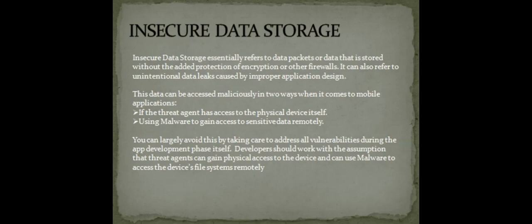Insecure data storage is essentially data that is stored without the added protection of encryption or any other firewalls. We can also refer to it as unintentional data leaks caused by improper application design.